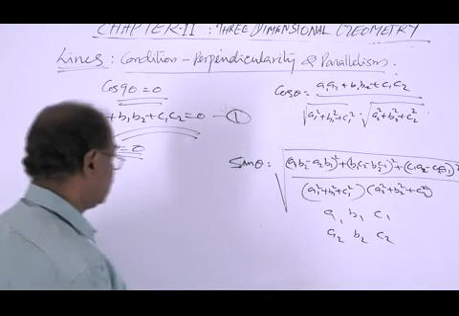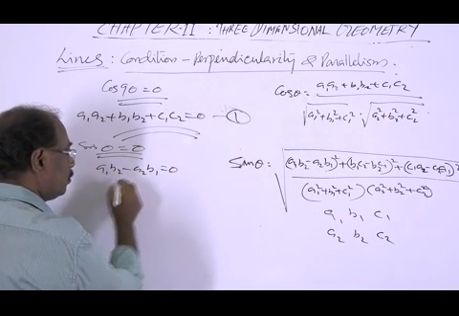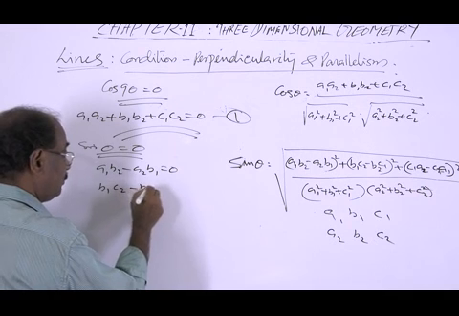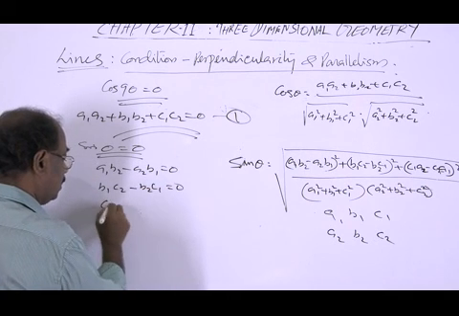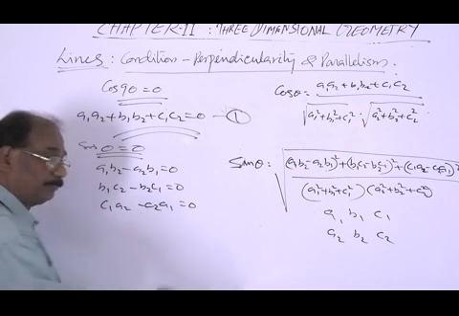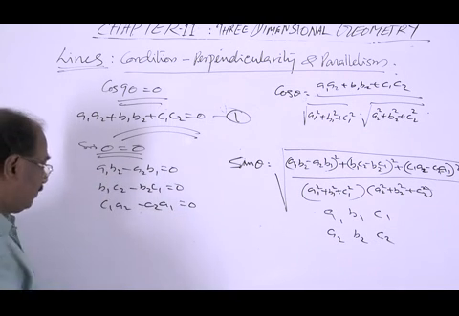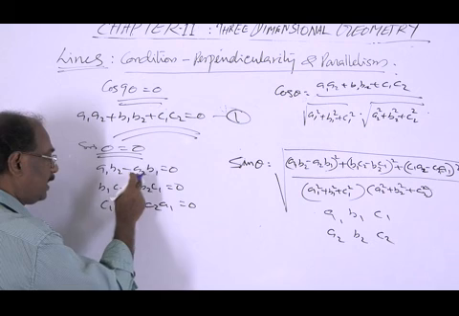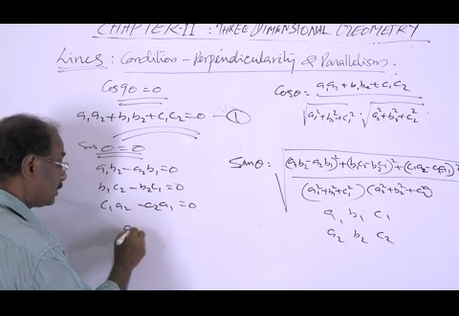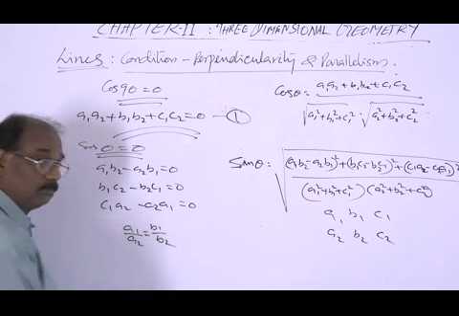That is a1 b2 minus a2 b1 equal to 0, b1 c2 minus b2 c1 equal to 0, c1 a2 minus c2 a1 equal to 0. And from this, using the first one, a1 b2 minus a2 b1 equal to 0 gives us a1 by a2 is equal to b1 by b2.